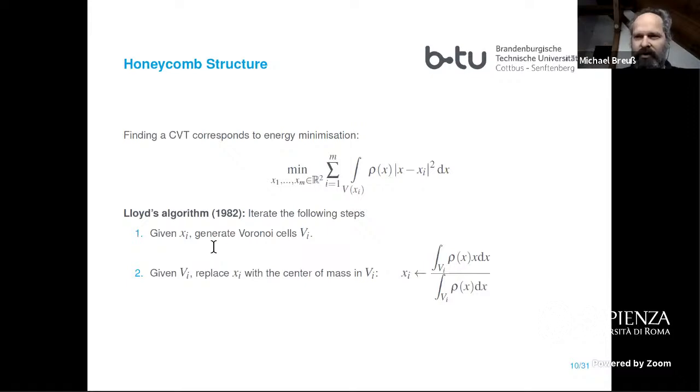One can also prove convergence and many other things for Lloyd's algorithm. This is all classic applied mathematics. You iterate the following: you give in a certain number of generators, xi, and then you generate the Voronoi cells. Then, given these Voronoi cells, you replace each generator with the center of mass of its Voronoi cell. And then you iterate the process. You take these as new generators and repeat, until convergence, whatever convergence means.